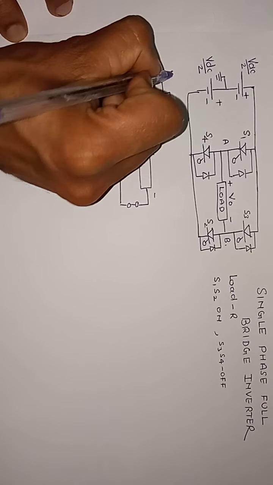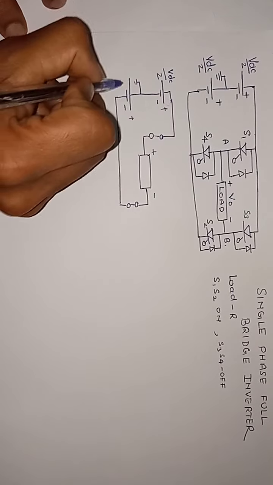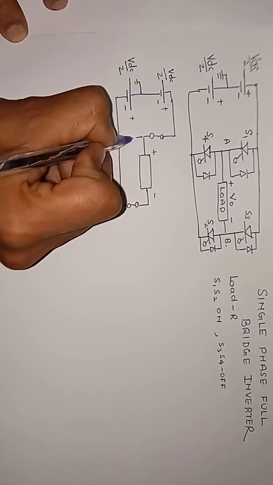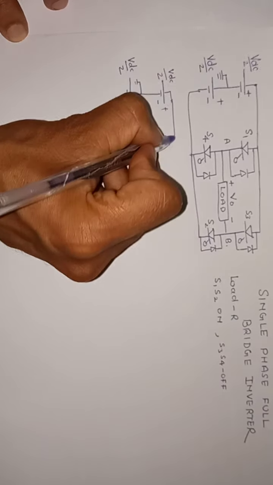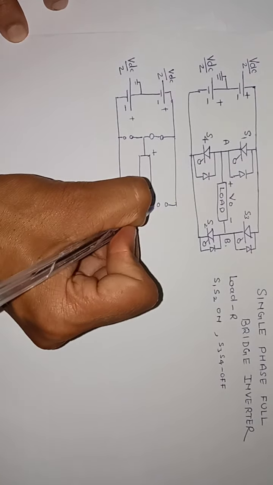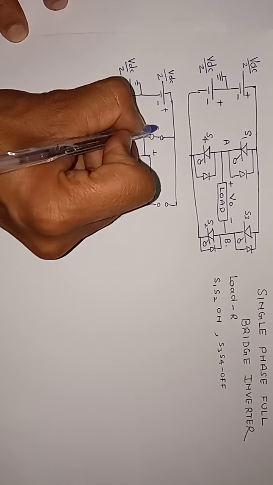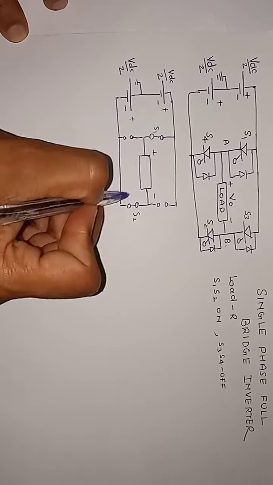This is VDC by 2 and this is VDC by 2, and here is open and here also open, and the diodes are not working.